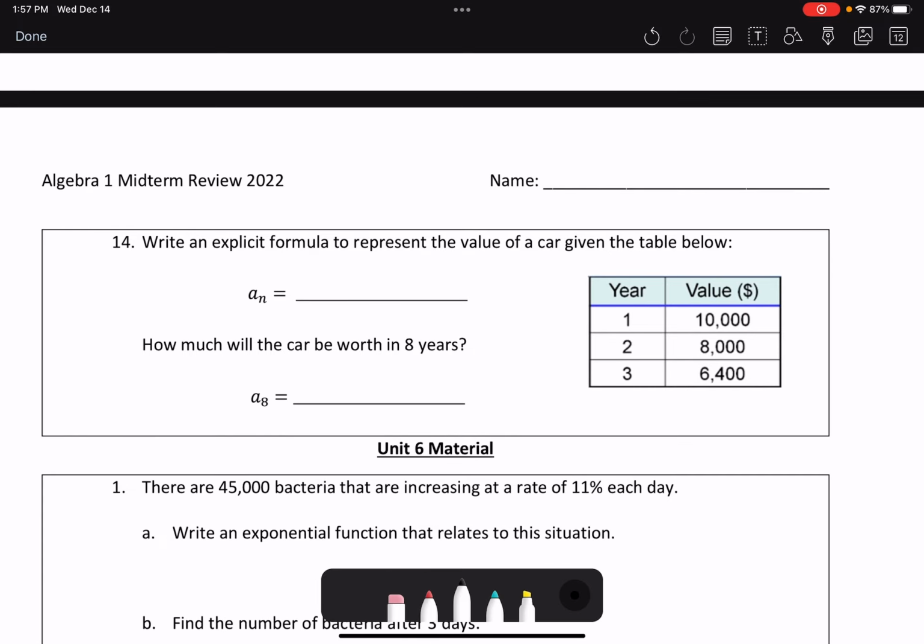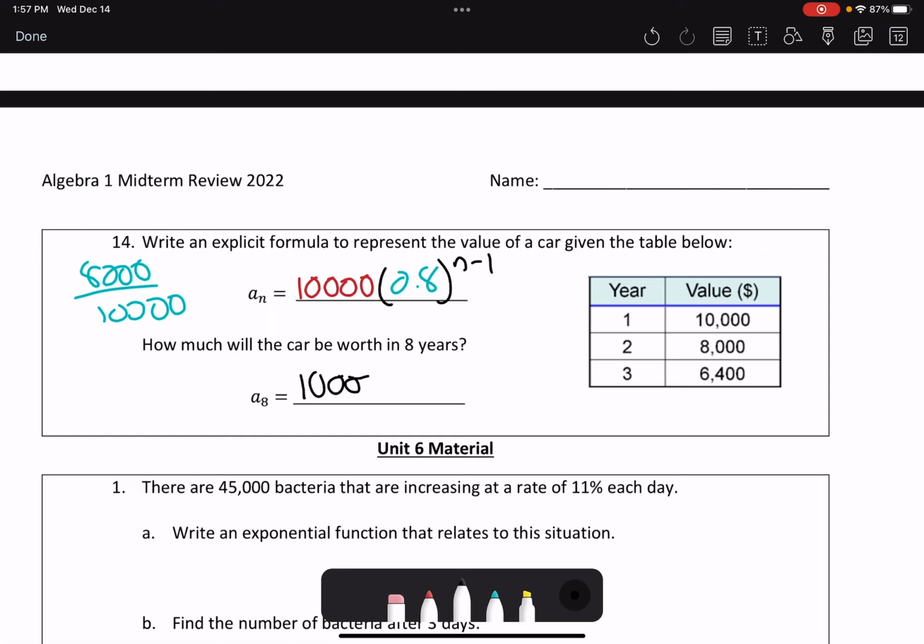If I wanted to write an explicit formula for the sequence to the right here, I know my initial value would be $10,000. And I'm going to multiply that by the common ratio of 8,000 divided by 10,000. Well, 8,000 divided by 10,000 is equal to 0.8. I'm going to raise that to the n minus 1 power. And then it asks me how much the car is going to be worth in 8 years.